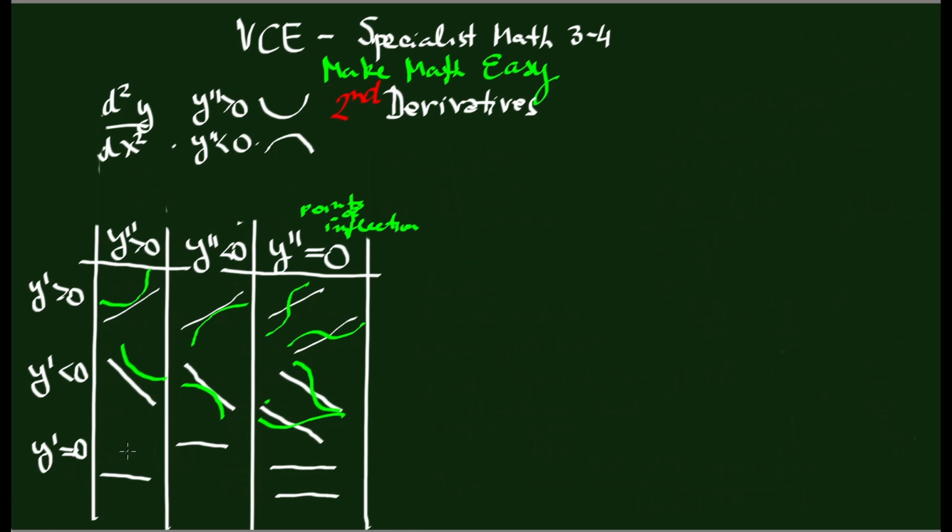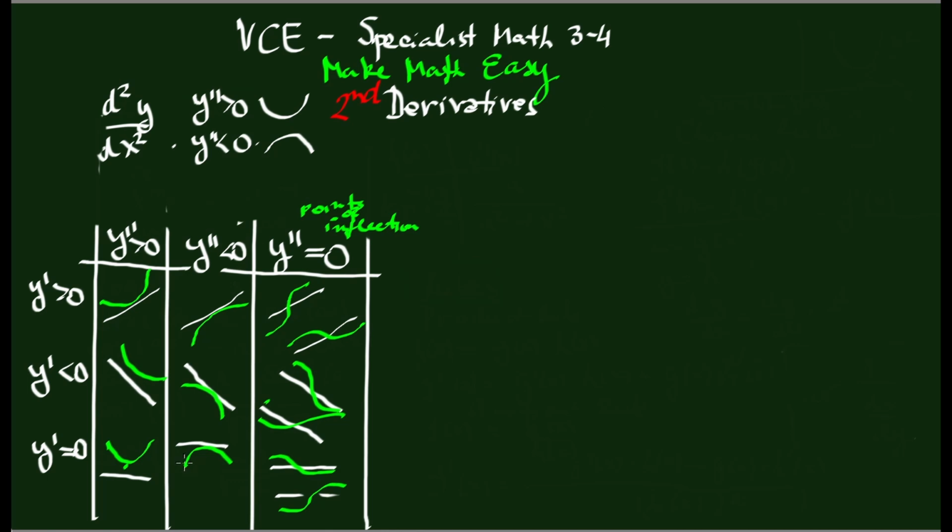And here we have again concave up, concave down, and the change in concavity. Sorry, it's the other way around. Change in concavity. So this should have been down to the line.